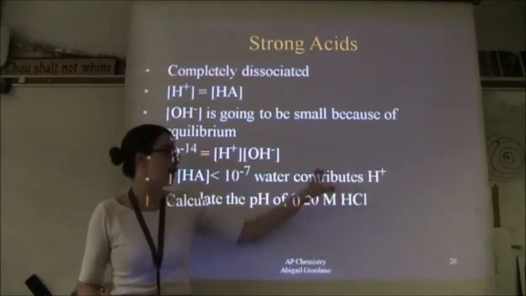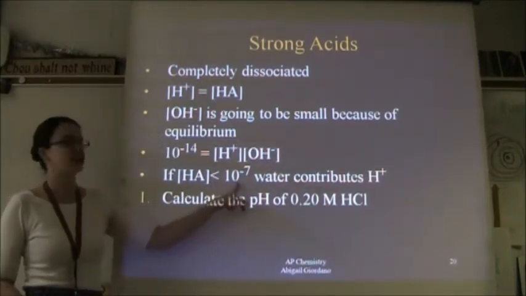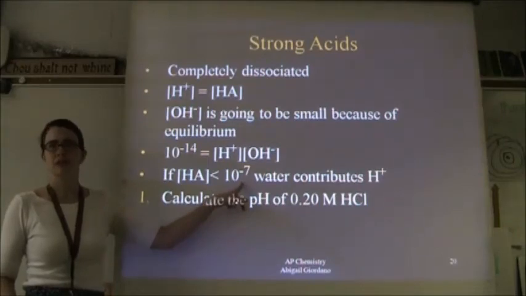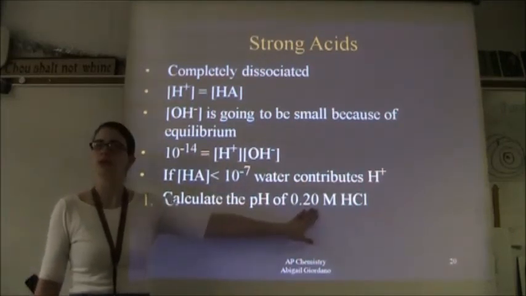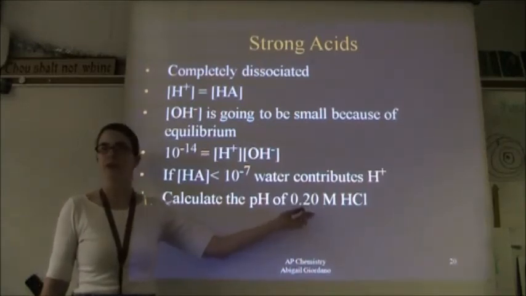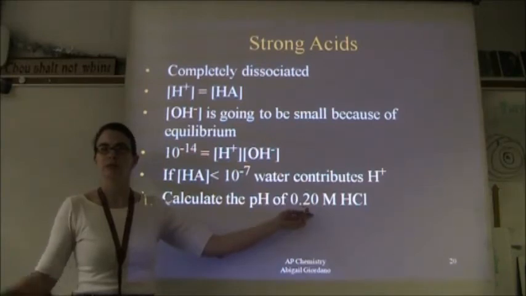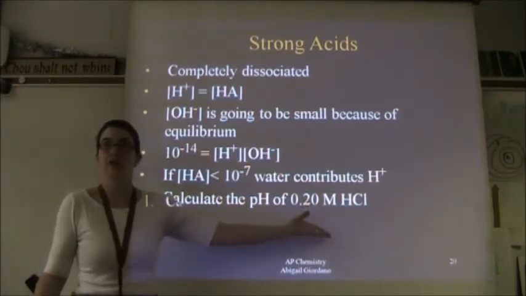Yes. It is. Okay, now come back to the number. 0.20. Is that smaller than 10 to the minus 7th? No. So what are you going to do? What are you going to do with this number of 0.2? Negative log 0.2. Put it in your calculator.